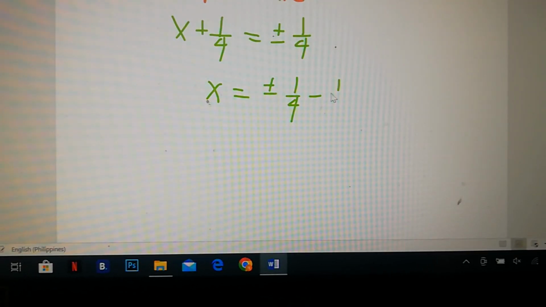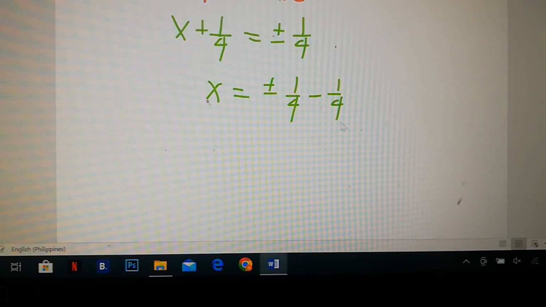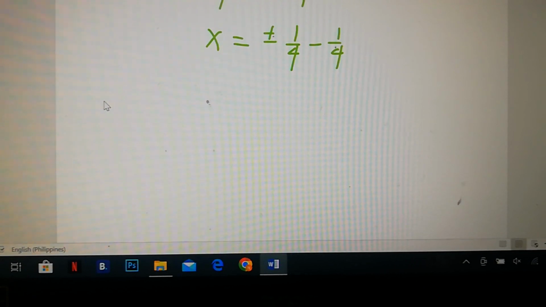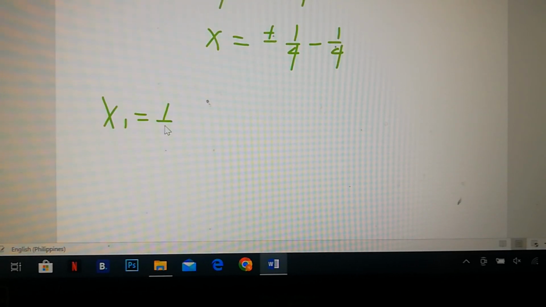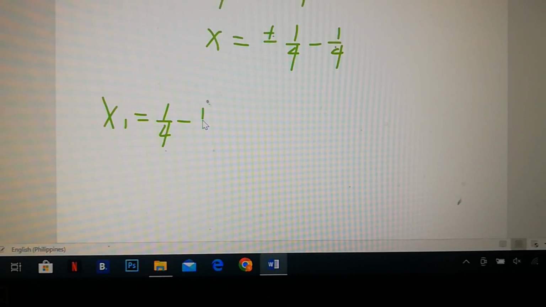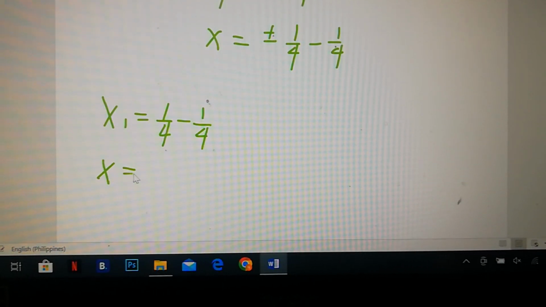So x now is equal to, subtract both sides of the equation by 1/4. So the result is plus or minus 1/4 minus 1/4. Okay, so what is the first solution? x sub 1 is equal to positive 1/4 minus 1/4. So x sub 1 is equal to 0.